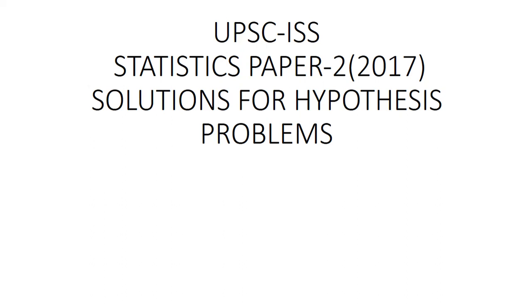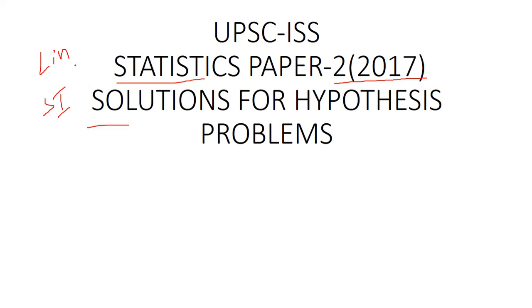In this tutorial, I am going to explain solutions for hypothesis problems from the statistics paper of year 2017. We all know that in paper 2 we have mainly linear models, then statistical inference.